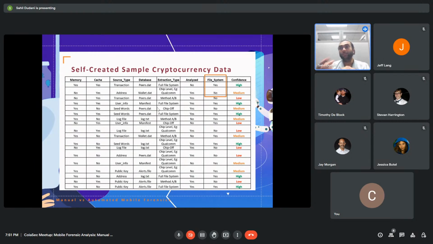And again, chip off. So chip off is basically an intrusive technique where you need to take the chip off of the device and then try to analyze it with certain different tools. Sometimes you use the test access ports, the JTAG port, where you hook up with a test access port on the chip and try to extract.